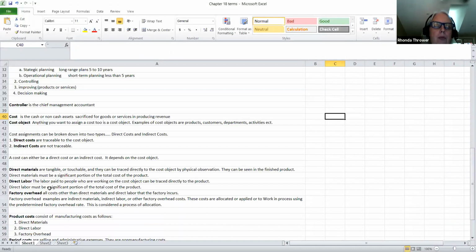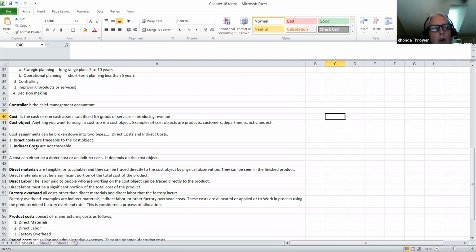Now, there may be a few cases where we work with services rather than products, but with services, there are also materials that we're going to keep up with and labor that we're going to keep up with, but there probably isn't going to be a whole lot of factory overhead associated with those services. But direct materials and direct labor are direct costs. Let's start with a manufacturing business that's going to manufacture a product. And so these could be traced to the cost objects, which are the products itself for a manufacturing business.